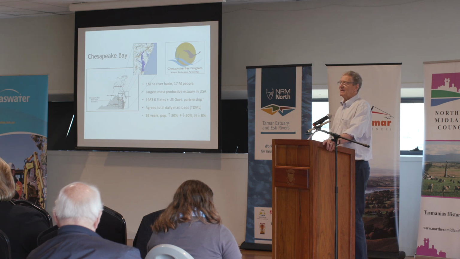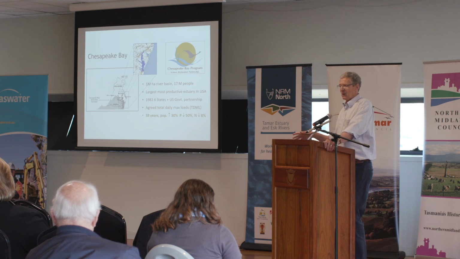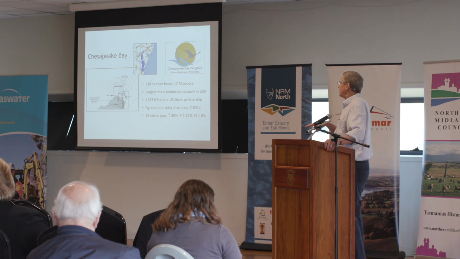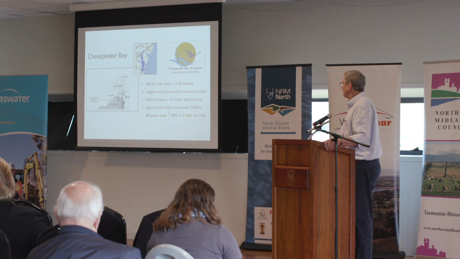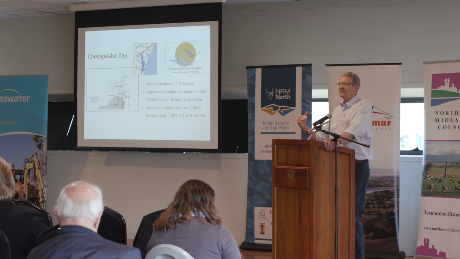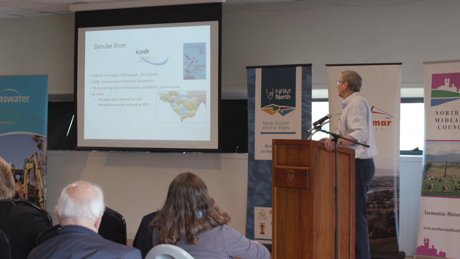But 2 of the key factors in estuary health, the load of phosphorus and nitrogen, have both declined. So something is happening. And what appears to have happened in the 80s, the 6 states and the federal government combined and formed a legal partnership and agreed on targets and indicators, and that would appear to have been part of the reason for its success.